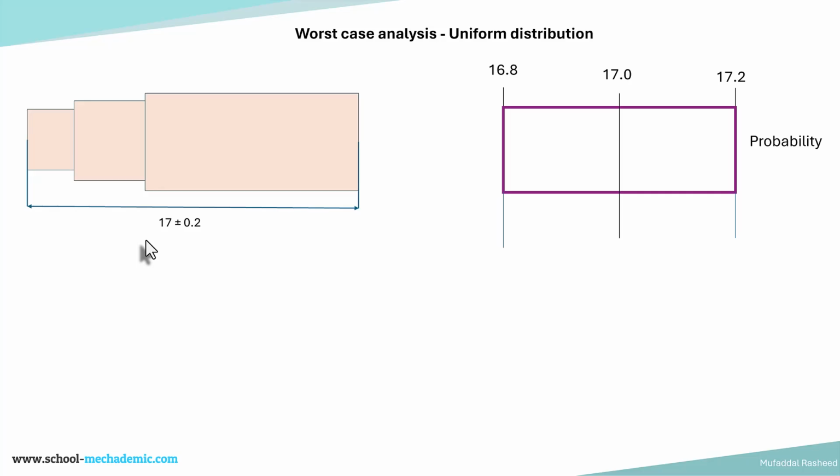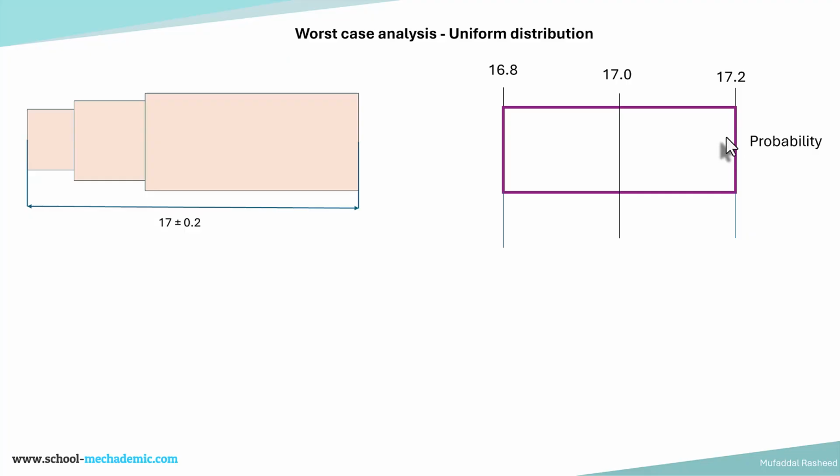That is, when a part is being manufactured in the manufacturing line, the probability of that part being at its least value, in this case 16.8, is the same as the probability of the part being at 17.2.